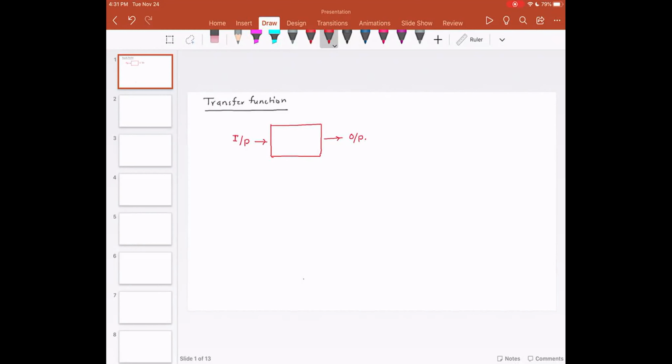So by definition, the transfer function is defined as the Laplace transform. So transfer function is nothing but the Laplace transform of output divided by the Laplace transform of input.